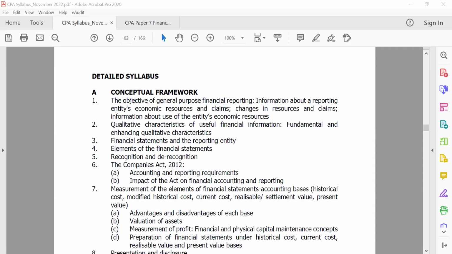But this paper is also very similar to another paper at SCCA, also called financial reporting, which they call F7. Here we're calling it paper 7.